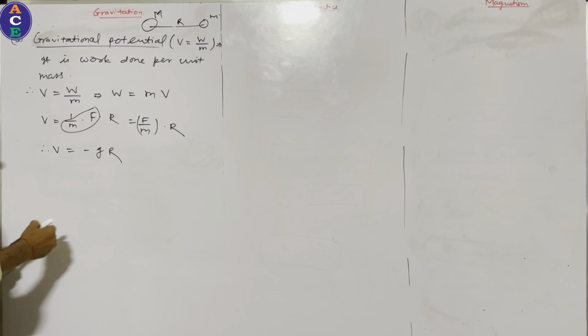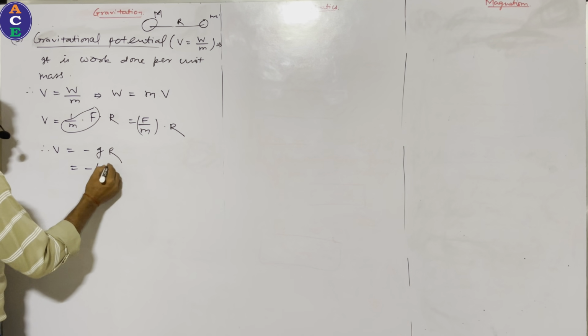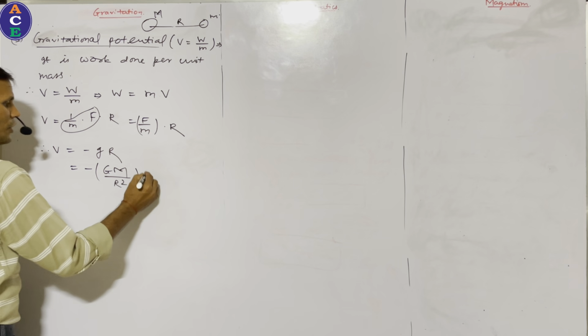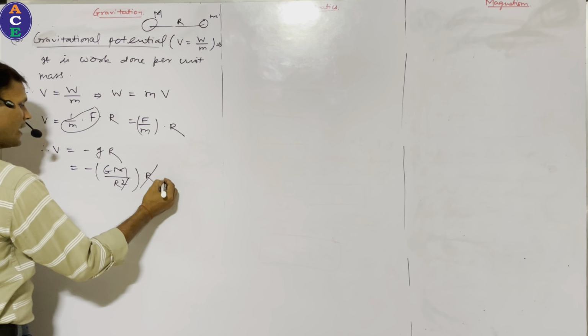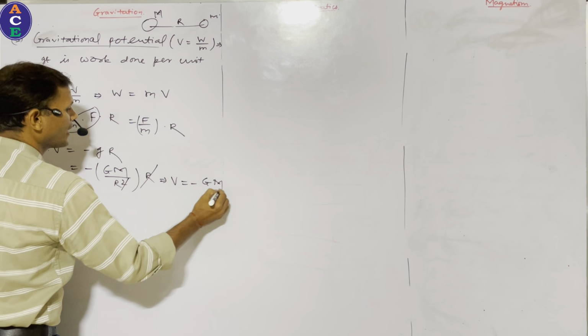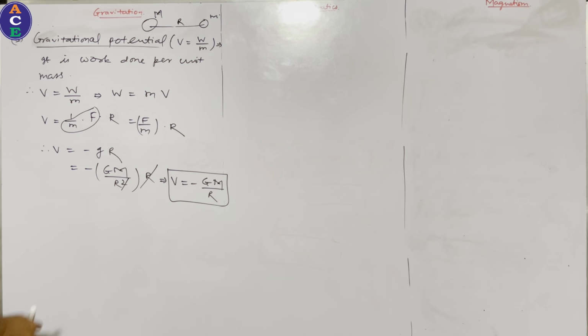What is g? Now we can write g is GM by R square. This is the value of g into R. So one R gets cancelled. So ultimately we are getting V is equal to minus GM by R. This is the gravitational potential.